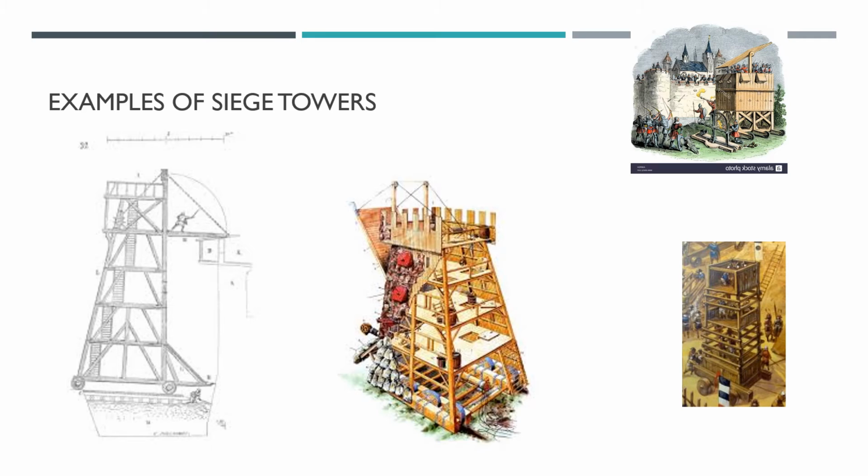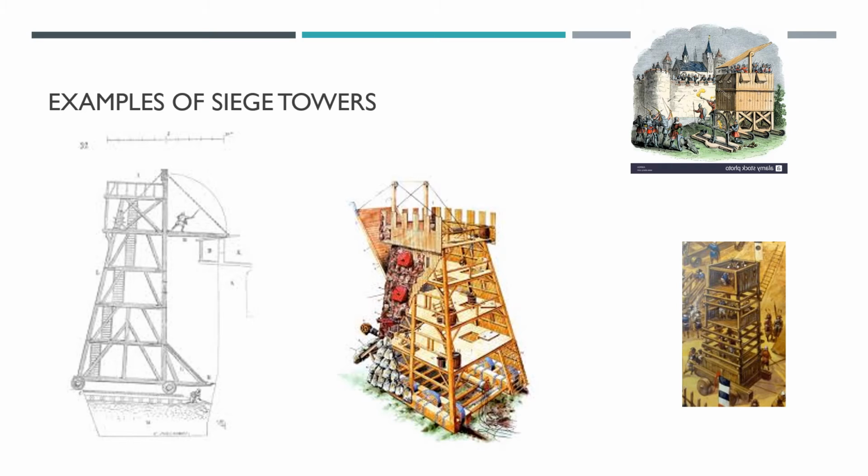How do they look at the bottom versus how do they look at the top? Are they all the same shape? Do you see repeating shapes in any of them? So take a moment, pause the video, and talk about some of the qualities that you see that are the same between these 4 types of siege towers.